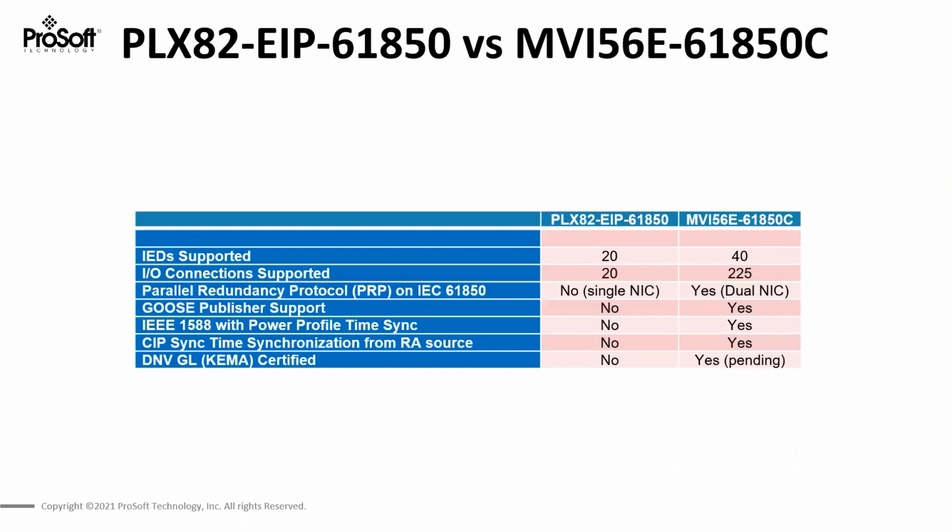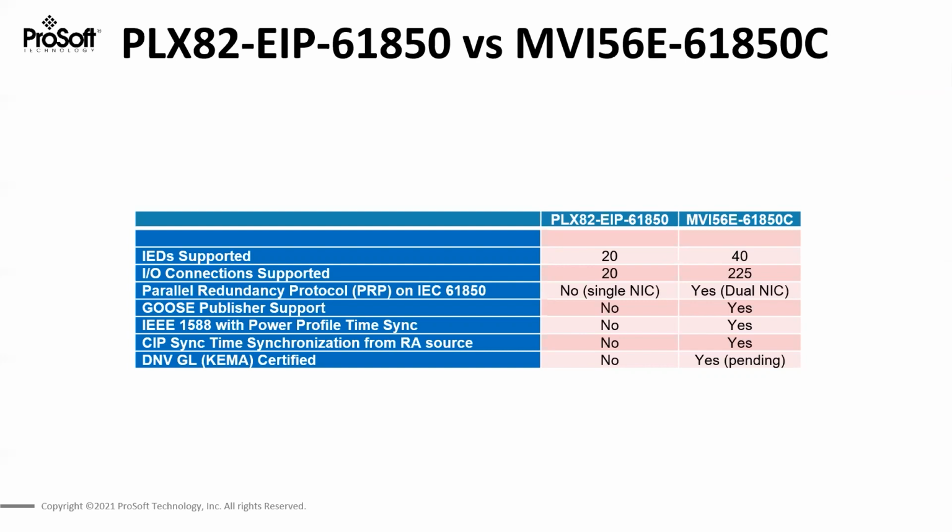If you look at this, it's twice as many IEDs with 10 times as much IO data. The reason for that was on our gateway module, as we started looking at some of the applications customers were performing, the limitation on a lot of instances was not the number of IEDs, it was the total number of IO connections.